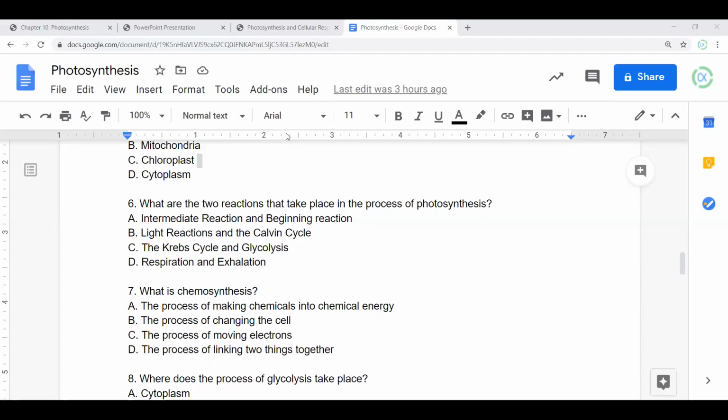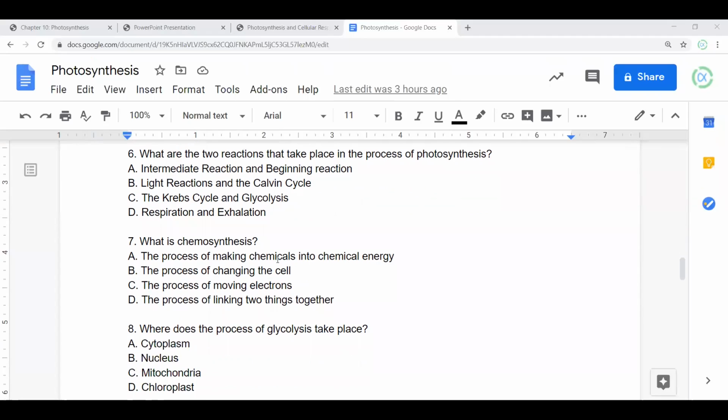C, the process of moving electrons, that's a function of the electron transport chain, and we didn't really learn any terms to talk about the moving of electrons. And then the process of linking two things together is just a bond. So A, chemosynthesis, was the best answer. So next, where does the process of glycolysis take place?